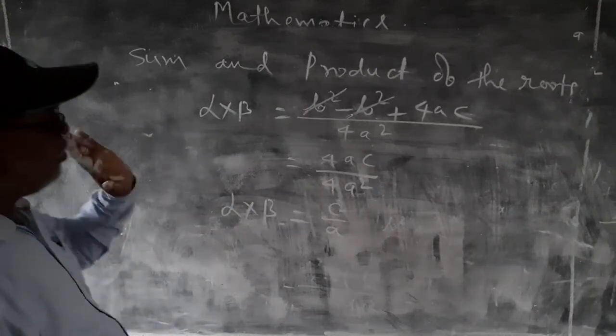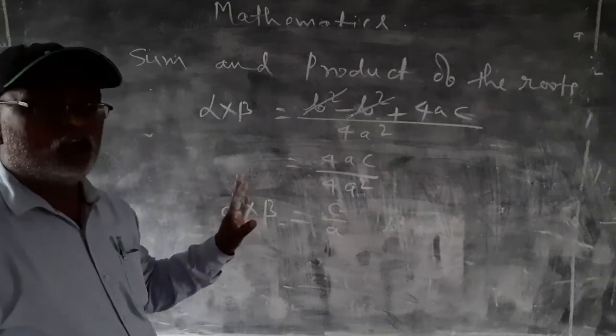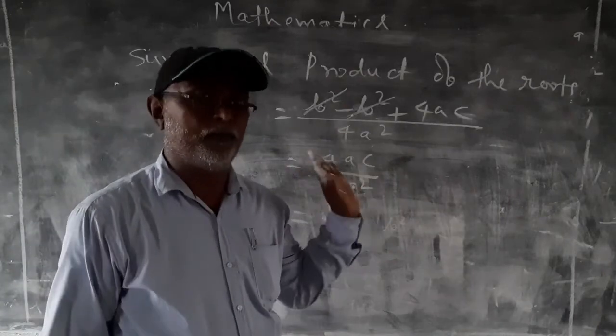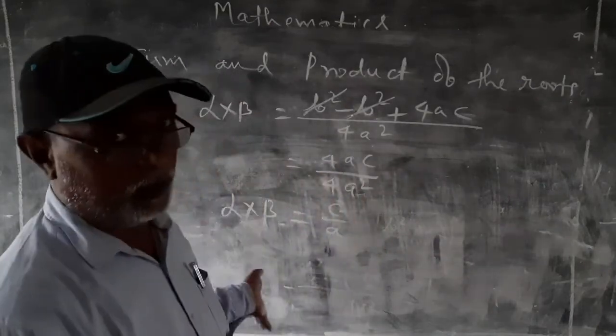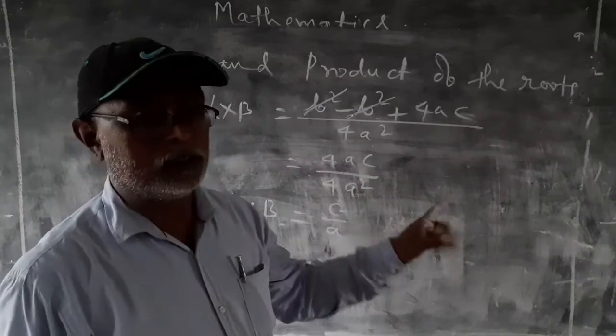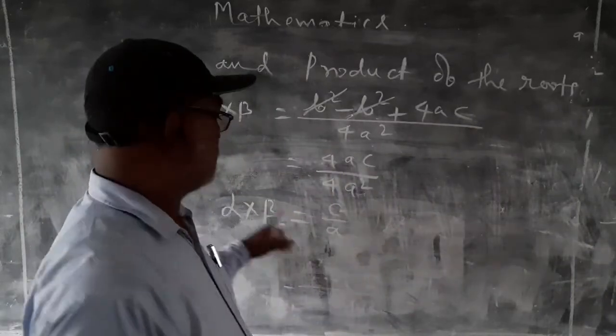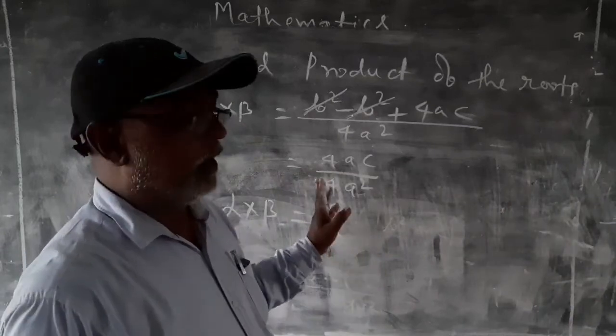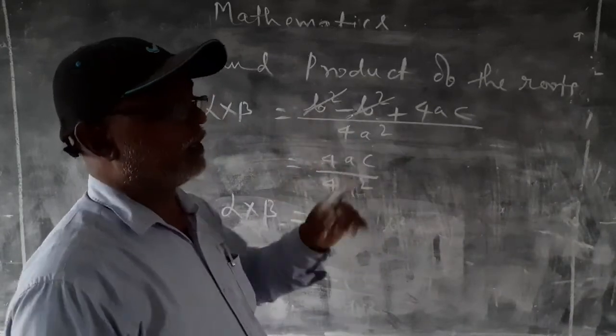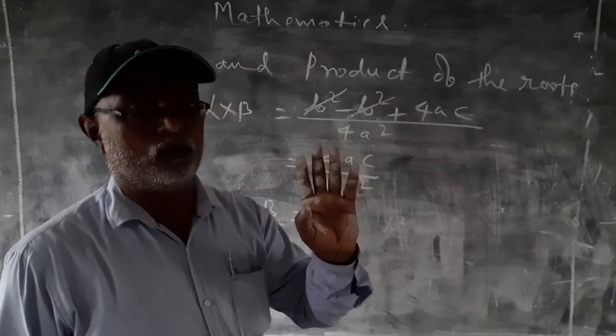Now, without obtaining the roots of the equation, you can obtain the sum and product of the roots by applying this formula. The sum of the roots equals minus b by a, and the product of the roots is c by a. And remember, you have applied this formula in the case of quadratic polynomials also.